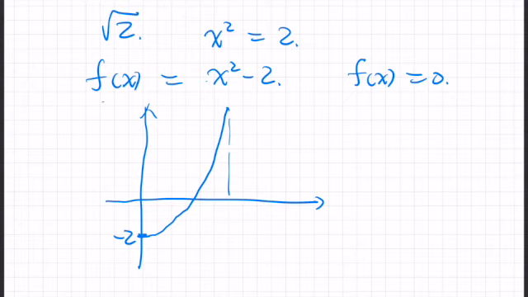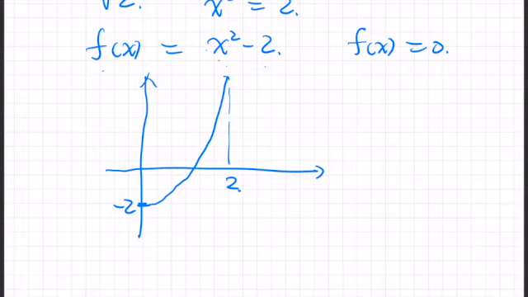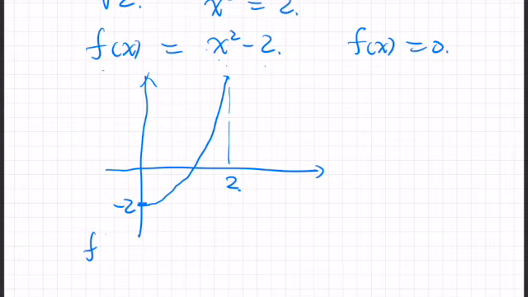It could be any value as long as f of x is positive. So let's take, for example, 2. In this case, x squared is 4, so 4 minus 2 is 2. That's positive. So we define a sequence. First of all, we differentiate this function. Then we have 2x.